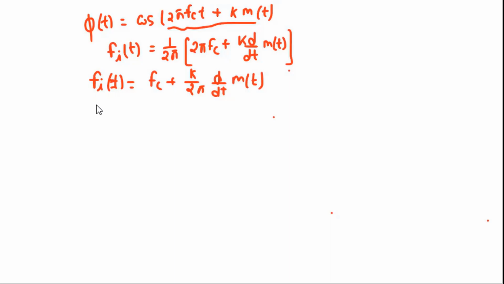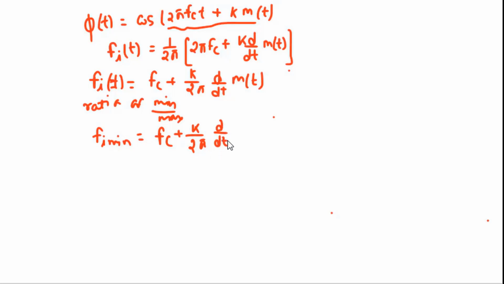So you need to find the ratio of min to max. So f i min will be, because fc is fixed and k by 2 pi is also constant, f i min will only occur when this differentiation d by dt of m of t is minimum, and f i is maximum when this is maximum.